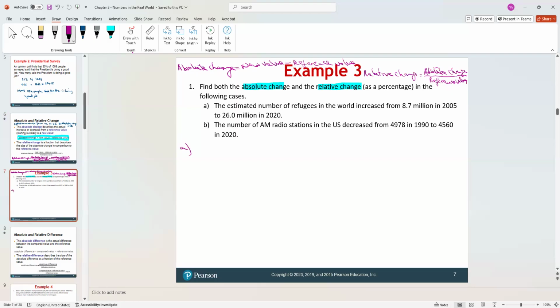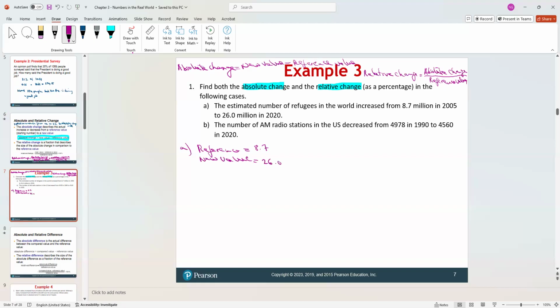The estimated number of refugees in the world increased from 8.7 to 26.0. So now we only need to identify the reference value and the new value. What is the reference value here in A? Yes, 8.7. What is the new value? 26.0.